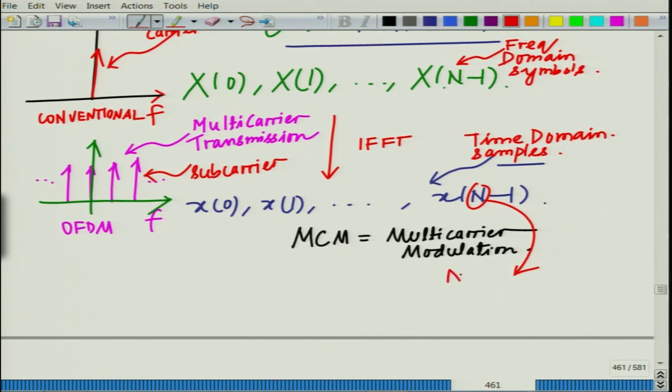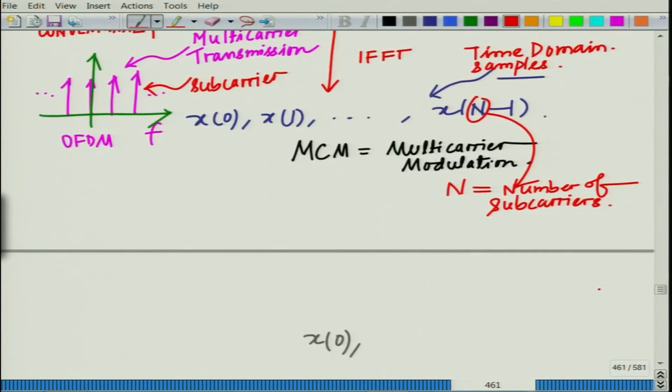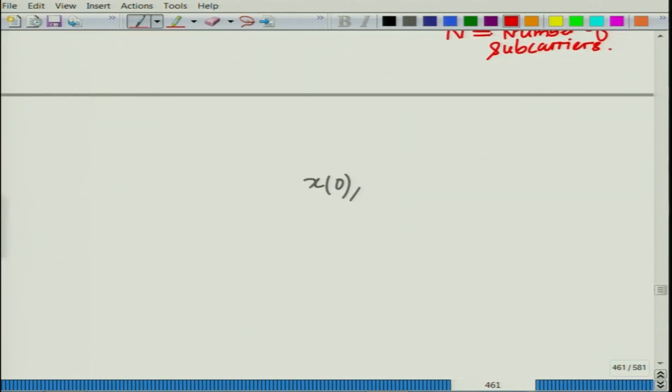N denotes the number of subcarriers, and what is additionally done is this interesting thing where you have x0, x1, these are the time domain samples.